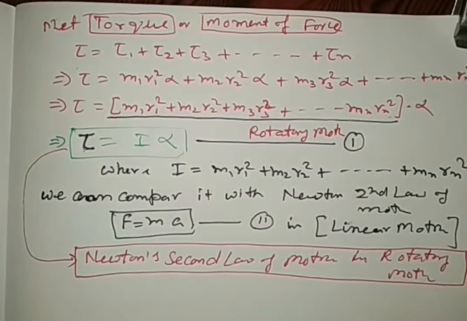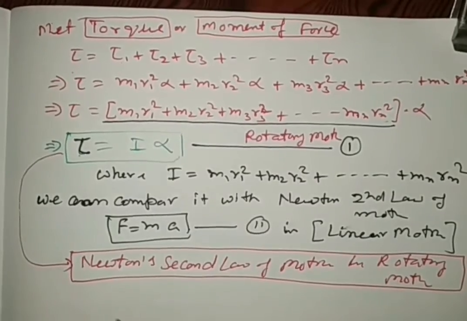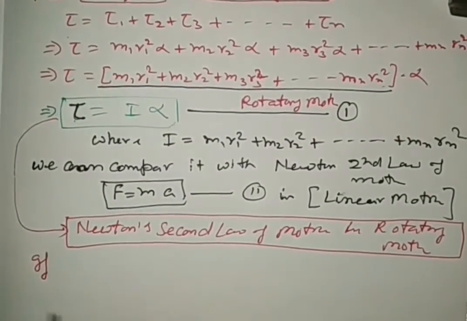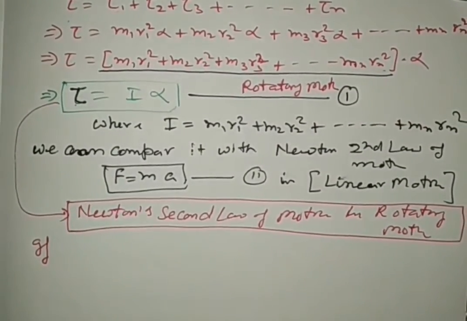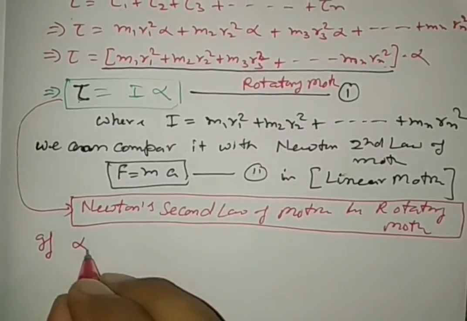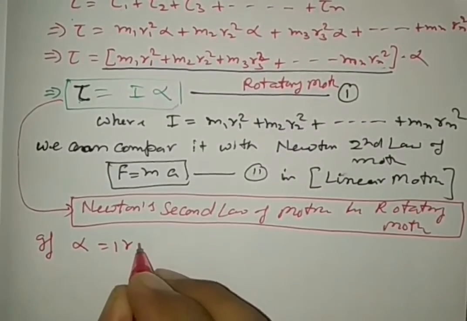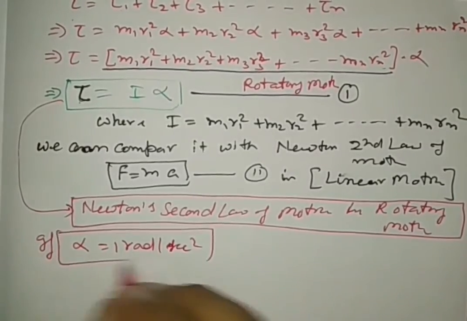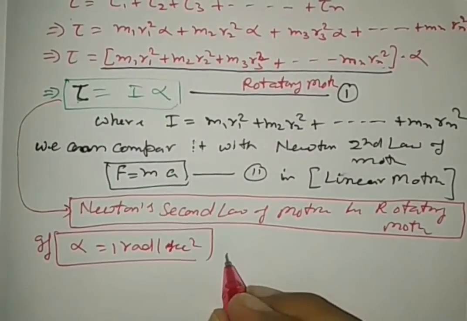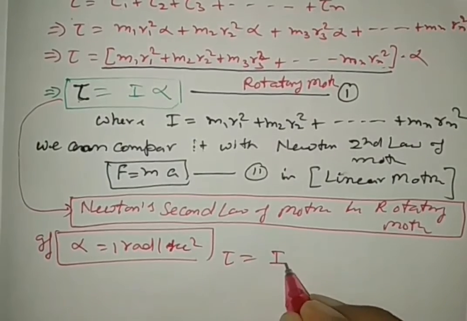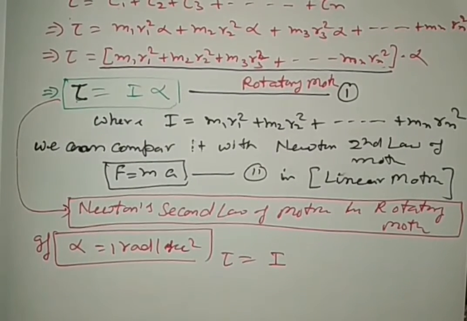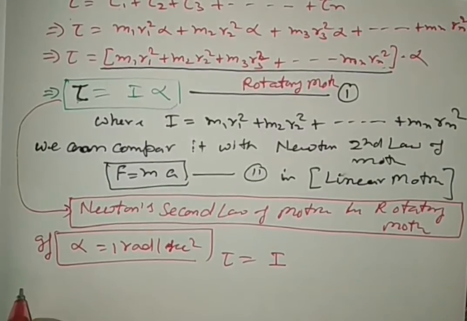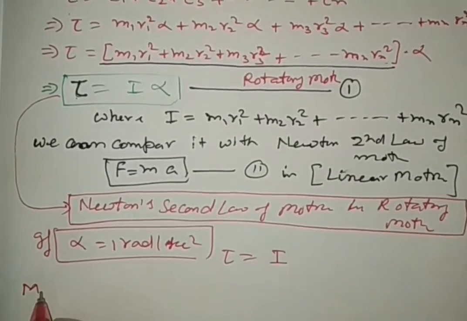Now we may define: if alpha is equal to 1 rad per second square, in that condition equation 1 can be written as tau is equal to I. So by this we may define which physical quantity?